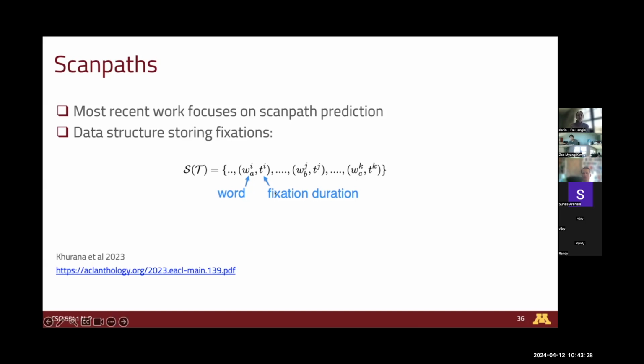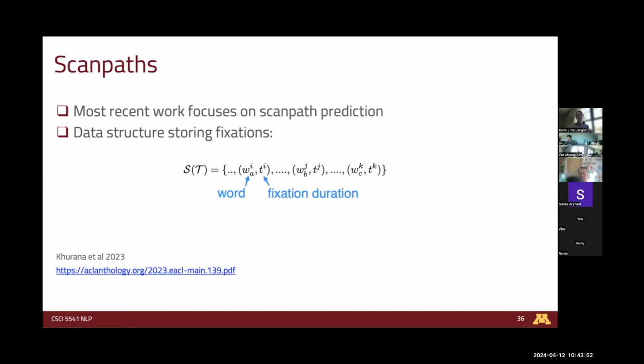So it's going to be a set of pairs of words and durations. And this is going to be ordered such that the first element is the first fixation that the reader had, and the last element is the last fixation. So you can have words repeating multiple times within this scan path.